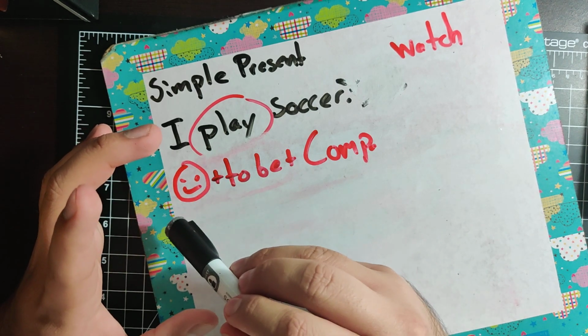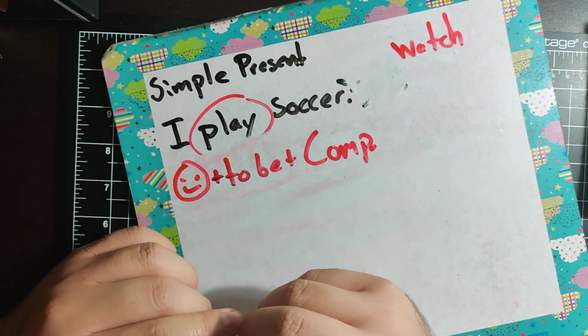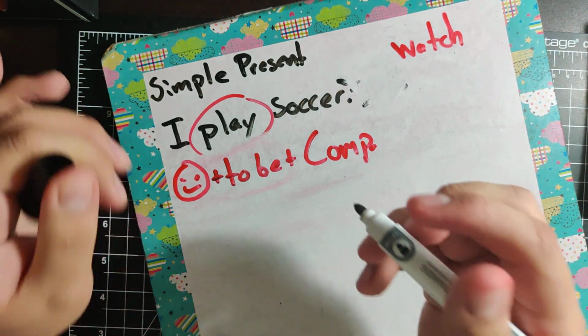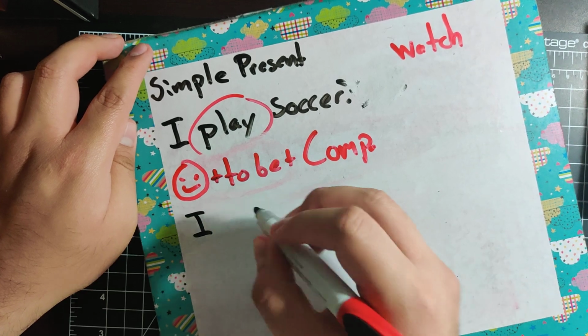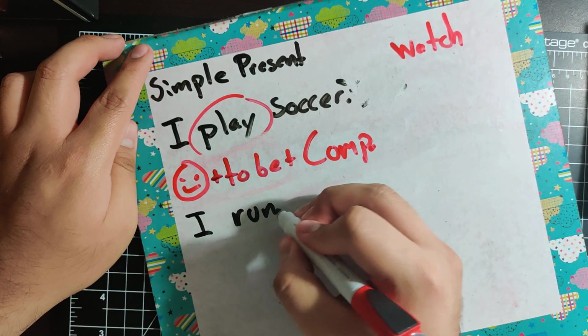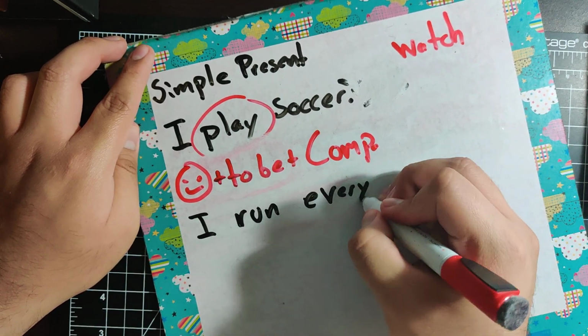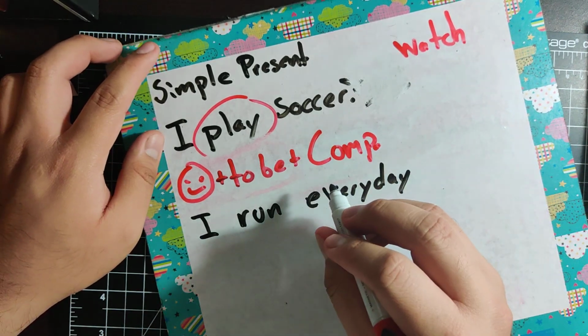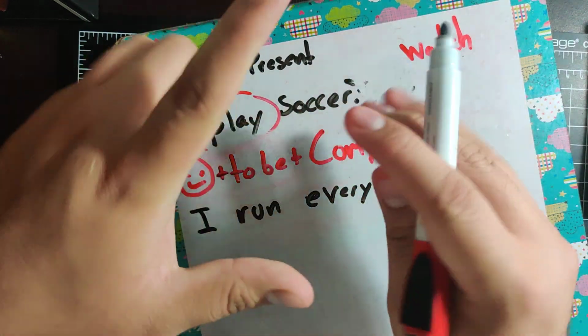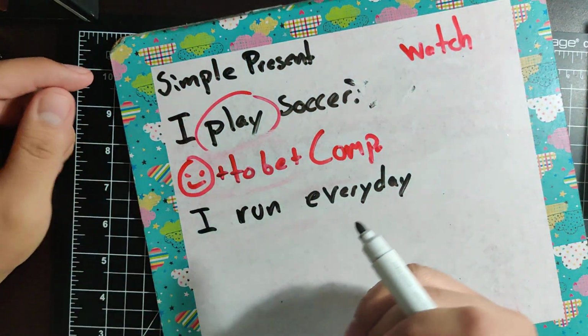Subject, verb, and complement. Now, again, let's put an example. Let's see. I run every day. Okay? I run every day. I run. Okay, no, I don't, but you know what I mean.